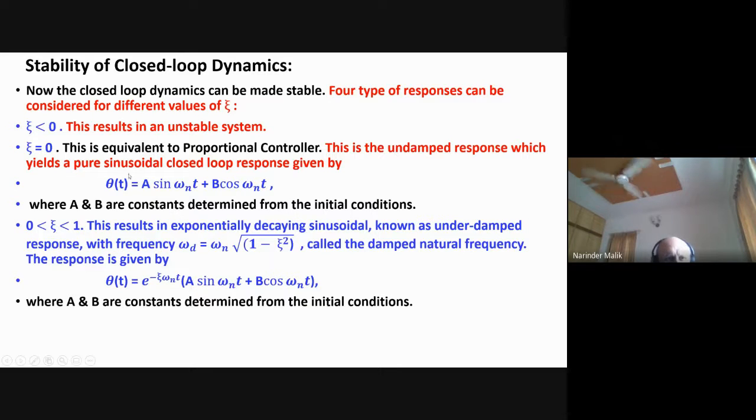This is the equation of the response for the system. If zeta lies between 0 and 1, this results in an exponentially decaying sinusoid, known as an underdamped response. The damped frequency will be this, and the response is given by theta equal to this expression.